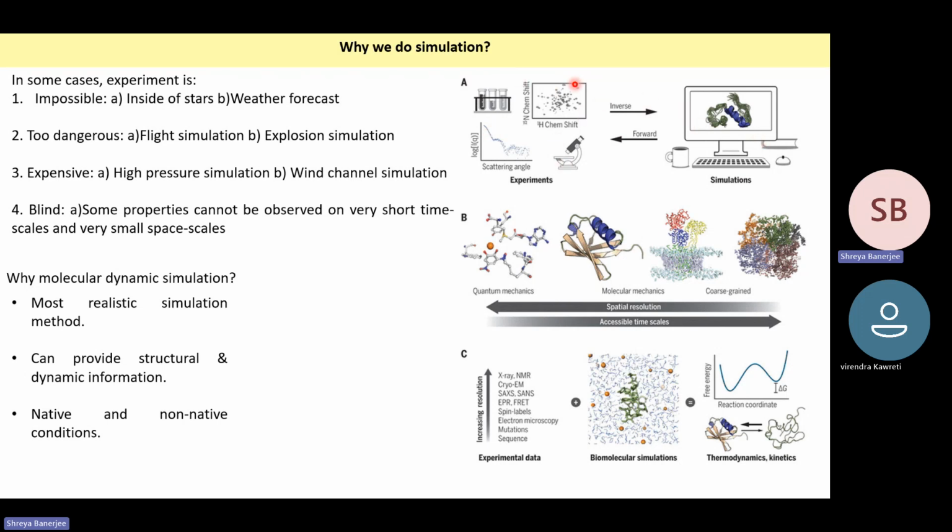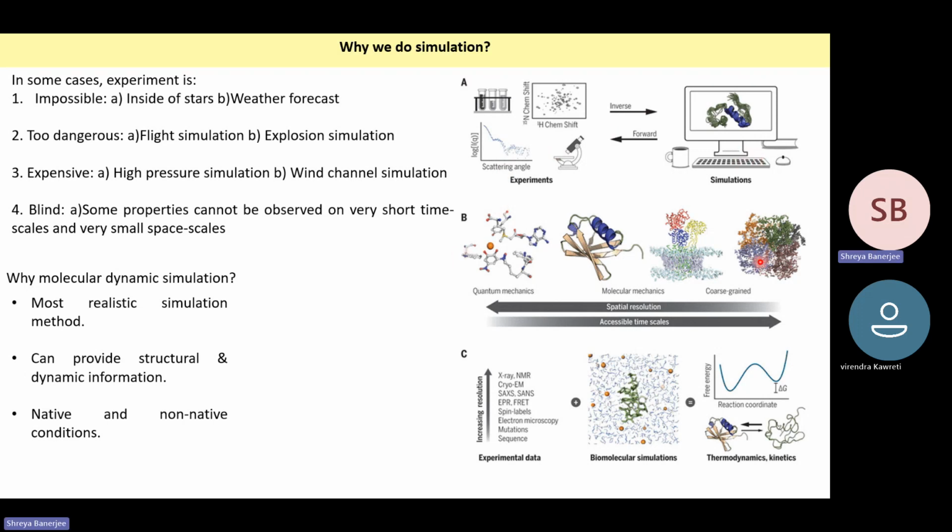If the experiment is giving good data, we can use that data to improve our model system, and that will in turn improve the simulated results. Or suppose the experiment is giving poor data, then we can use the simulations to get a better idea of the structure, which the experiment was not able to give us. So they kind of support each other.